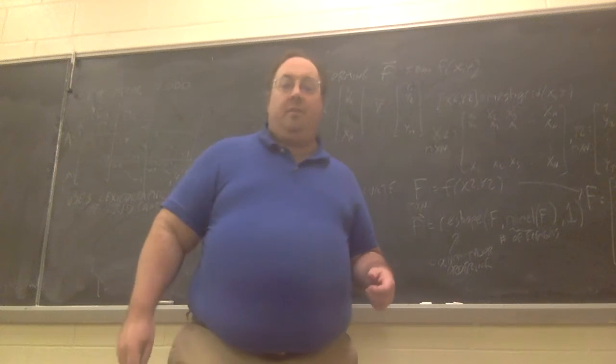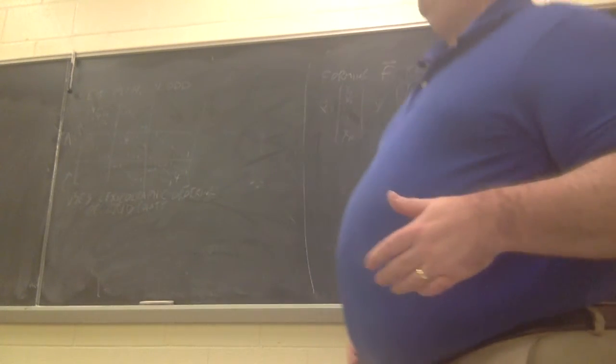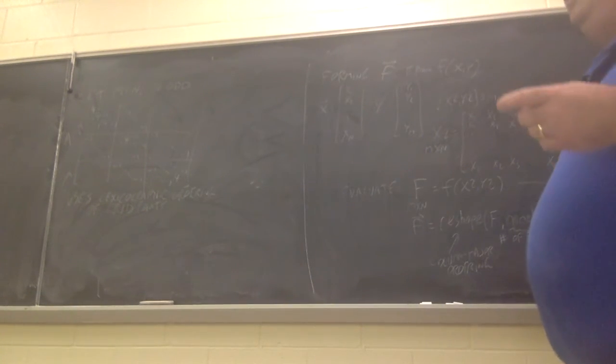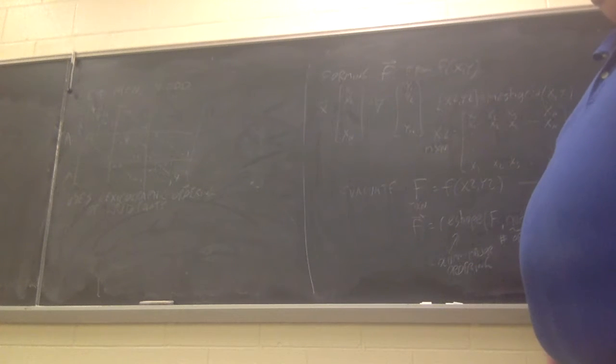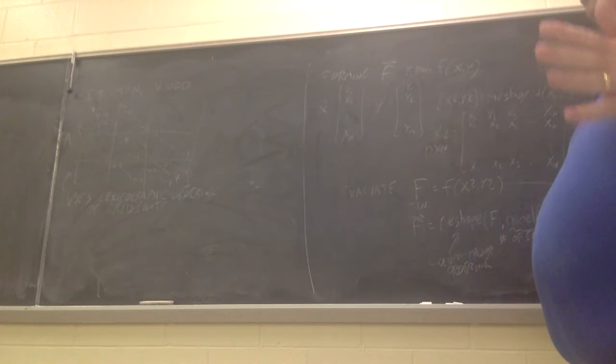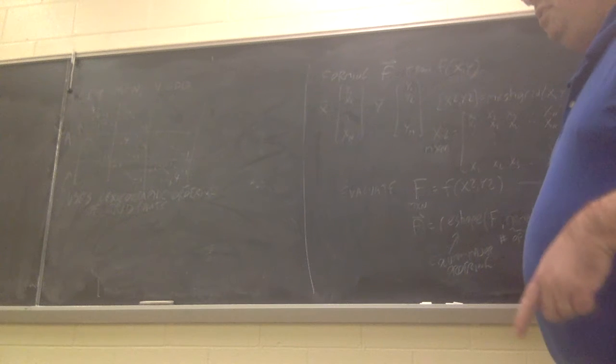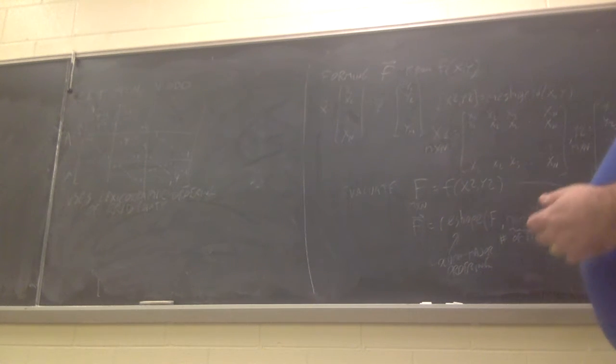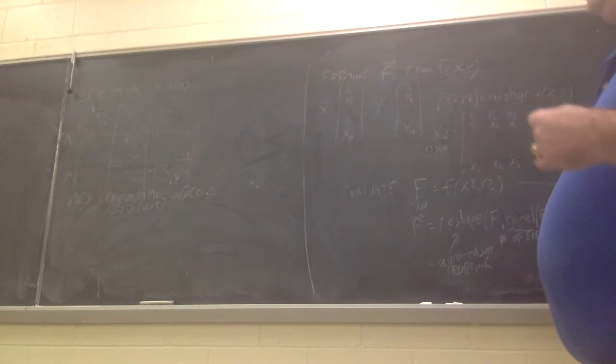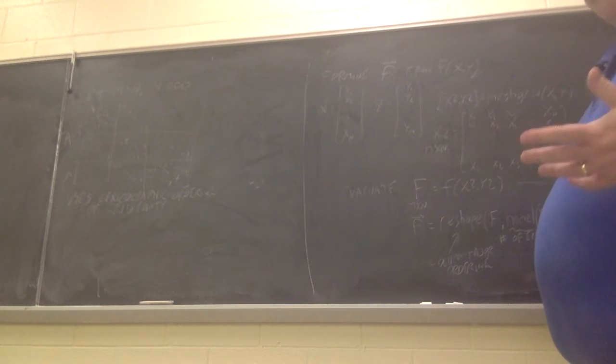So points are numbered consecutively, like all the points for a specific x value first. Then we go to the next x value and number those consecutively. So there's other ways to order the points, especially in higher dimension.